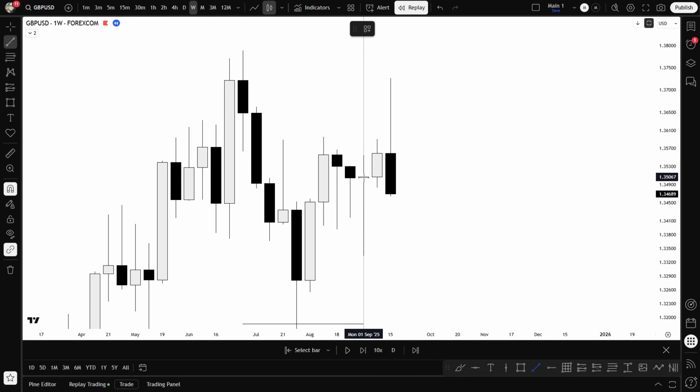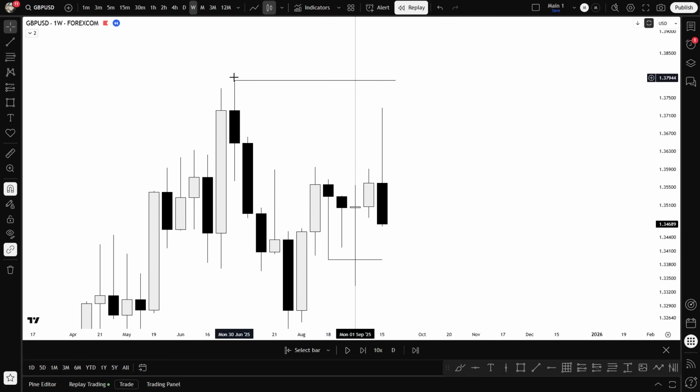So what do you expect from week two and week three, right? So this is the overall bias, the overall drawn liquidity, which is the monthly high. So pay attention, after the manipulation the market is aligned now. So we can look for a weekly expansion, right?